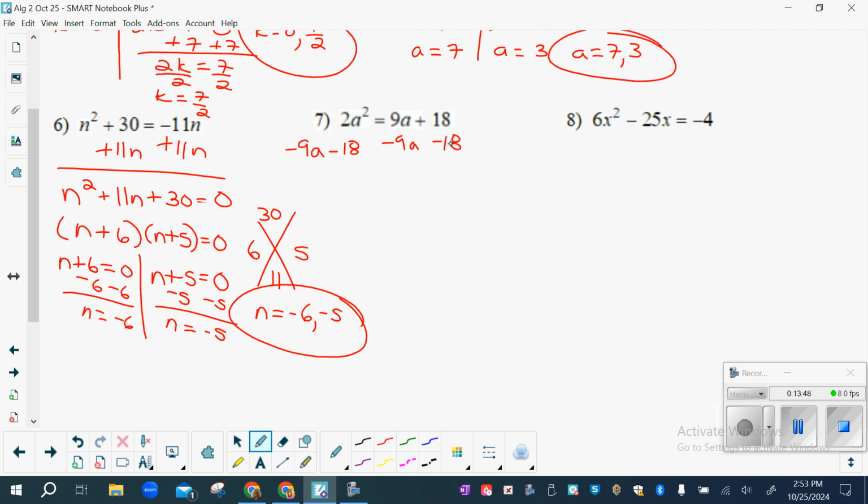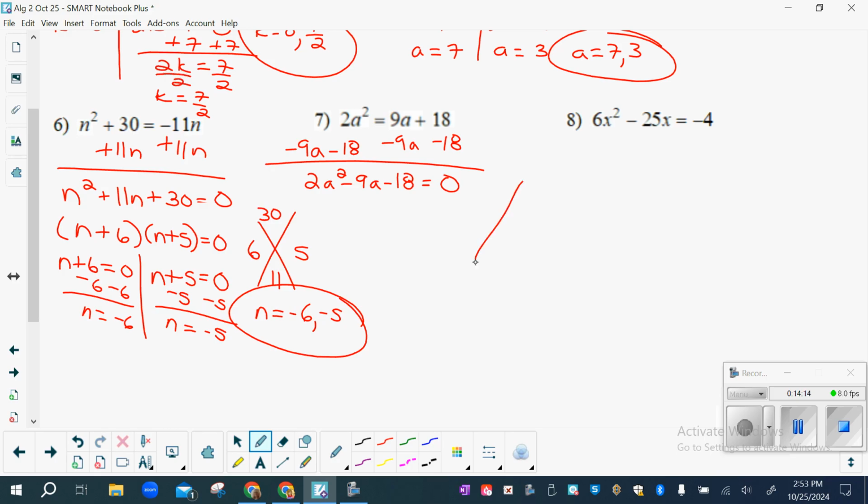We don't want this 2a squared to be negative. It has to be positive. When we factor, that a has to be positive. So that's why we like that. So now when we write it, we're going to put the 2a squared first, and what next? Minus 9a minus 18 equals 0.